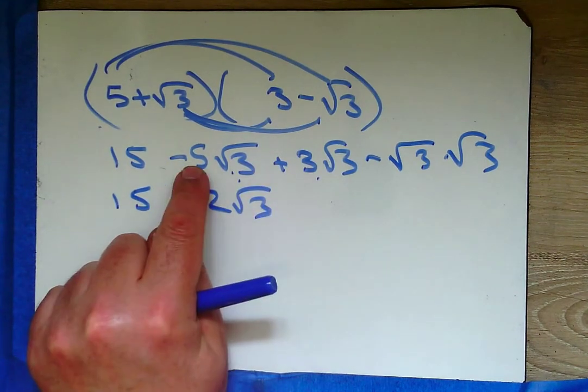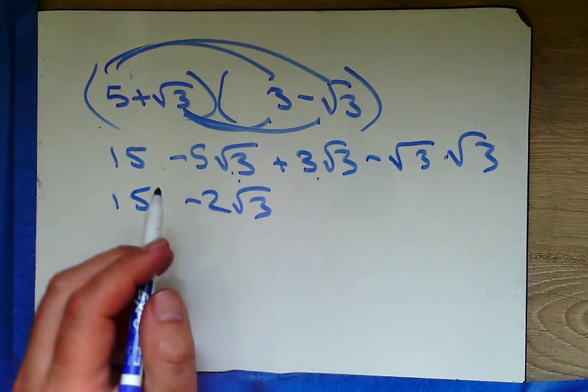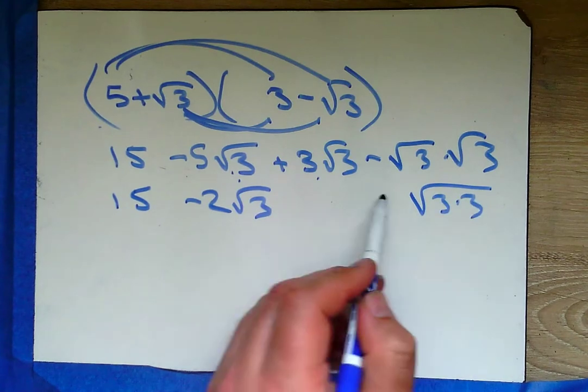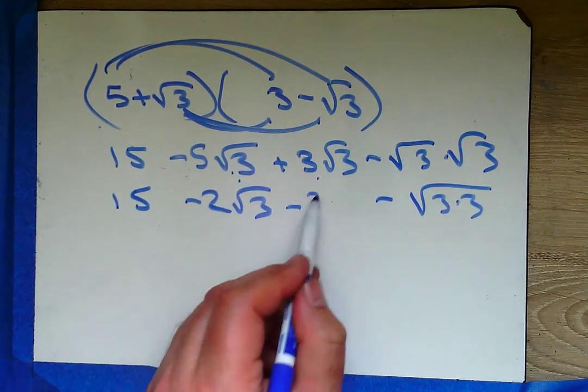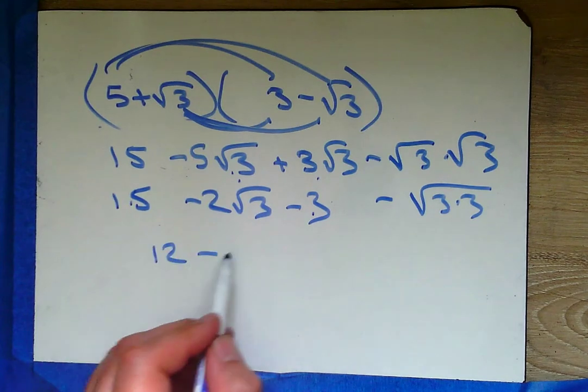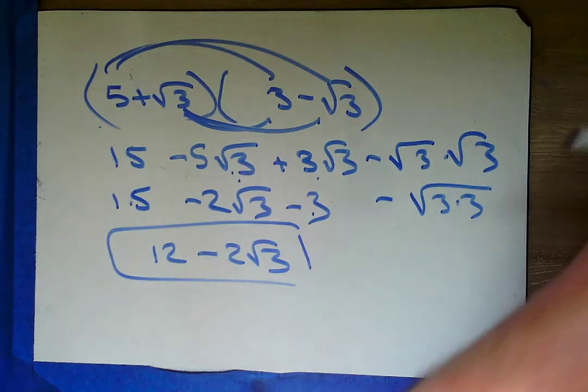We have minus 5 of them plus 3 of them, so now we have negative 2 of them. Okay, and then here we have square root of 3 times 3, which is 3. So 15 minus 3 gives me 12. And that's what you should get for that one.